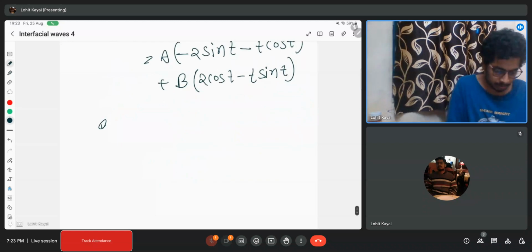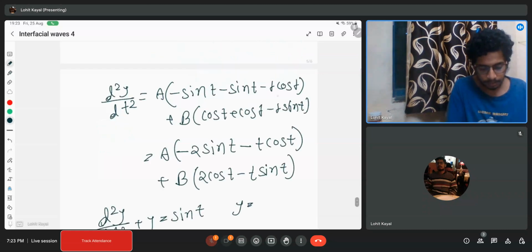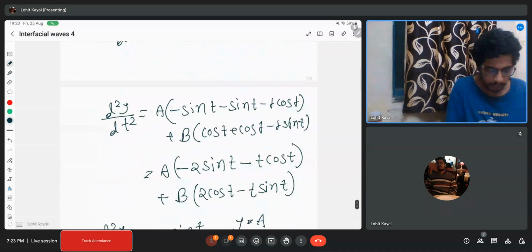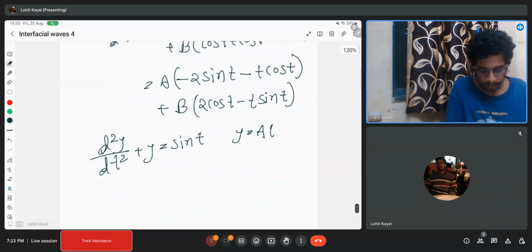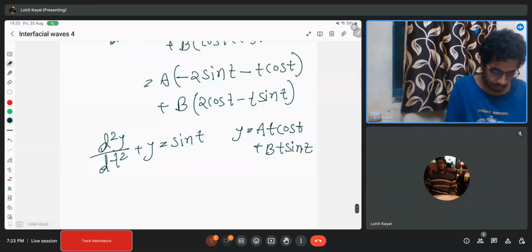Now your equation is d2y dt square plus y equal to sine t, and you have taken your assumption as y equal to a t cos t plus b t sine t. Now just do the substitution.